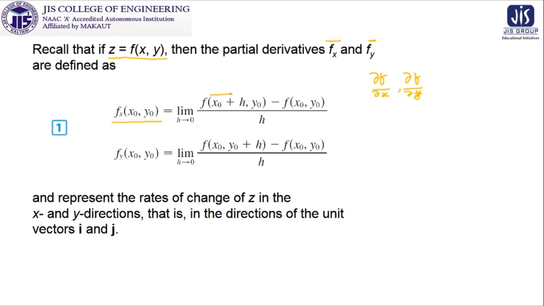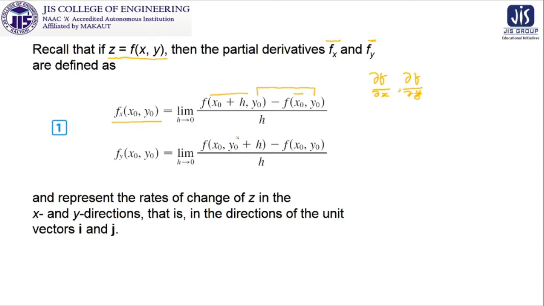That means the change is considered only in the direction of x. There is no change in the direction of y. That particular expression, what we are getting, we call it the partial differentiation of f with respect to x.